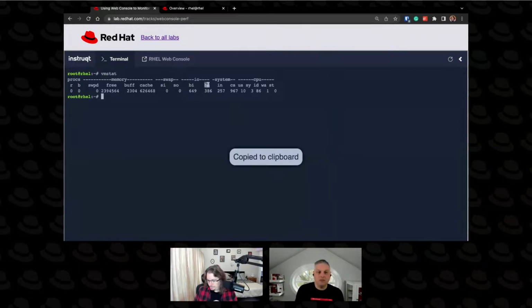So in addition to giving you the free, buffers, caches and used memory, it also gives you how much in and out you're doing in your swap subsystem and how much in and out you're doing on your IO subsystem across devices. And then at the end, it gives you a little bit on CPU states. That information is also available in top.